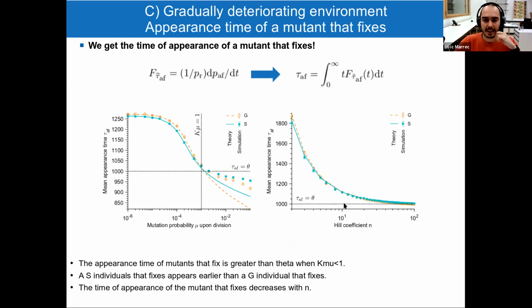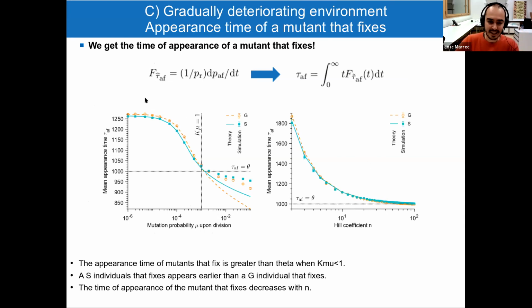And so finally, I was also able to compute the appearance time of a mutant that rescues the population. So I used what I computed previously, and so yeah, here again on this figure I'm showing you the mean appearance time of the mutant that rescues the population versus the mutation probability.